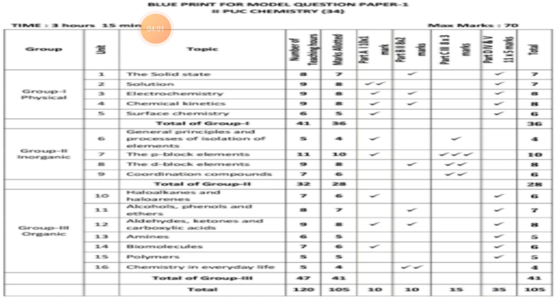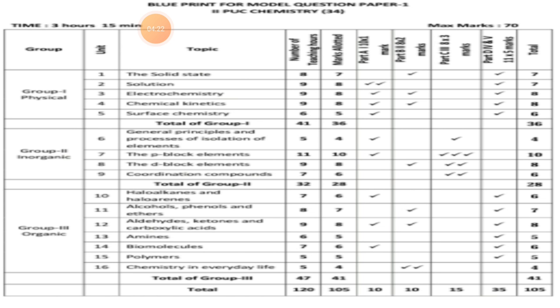Then the third chapter is electrochemistry, which has 9 periods and 8 marks weightage. It has a 1 mark question in part A, a 2 mark question in part B, and another one, a 5 mark question. So total 8 marks weightage.